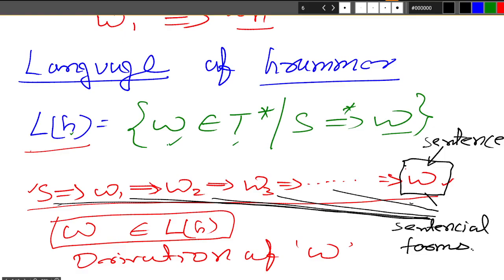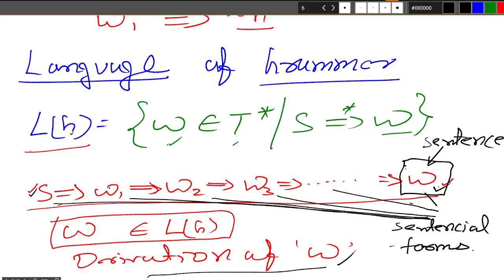Now what a compiler does is attempt to create the sentence using the production rules. You will have certain production rules, you will use those rules and try to form this sentence. In between some sentential forms will come, no problem. The attempt is finally to derive W starting from the start variable.